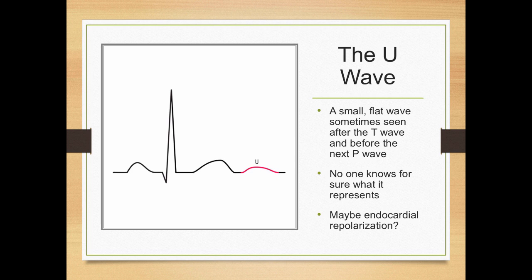We think it's endocardial repolarization, but that's the leading theory. We'll get into the U wave in a few lectures when we talk about potassium and its effects on the EKG. But just know that there might be a wave after the T wave and before the next P wave, and we're going to call that a U wave.